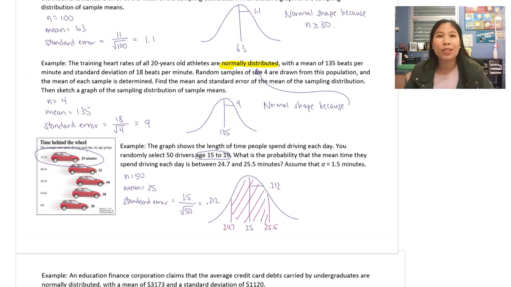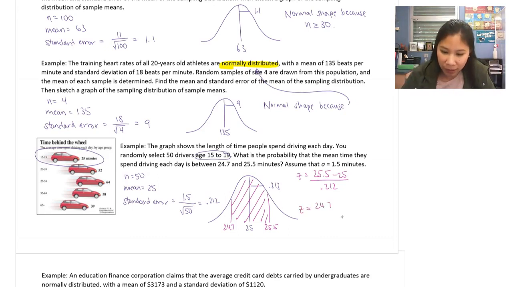So remember, in-between is when we find the z-scores for each of the numbers and then subtract the two areas from the table. So let's find the z-score for the bigger one first. So 25.5 minus the mean of 25 divided by the standard error this time of 0.212. And then I'm going to do the same thing for the 24.7.